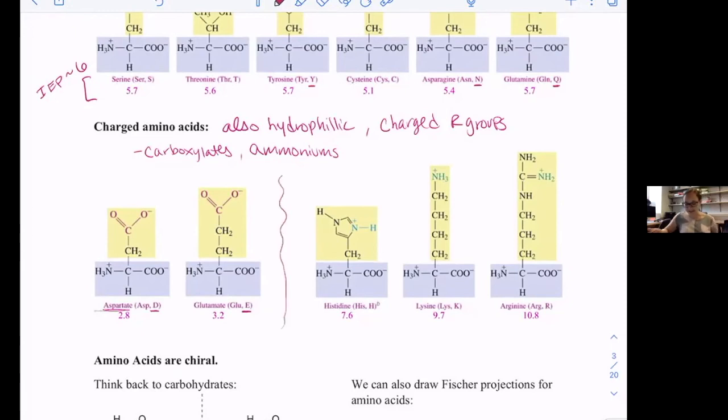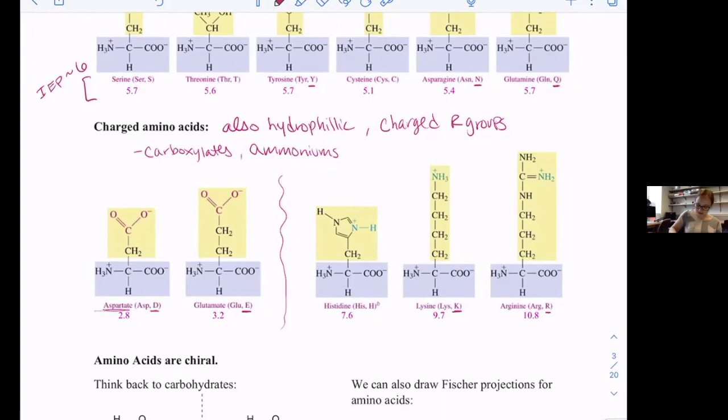We also have histidine. It has this funky little heteroaromatic group here, which has the 2 nitrogens in it. We also have lysine and arginine, which are over here, and they have those ammonium kinds of functional groups on them.